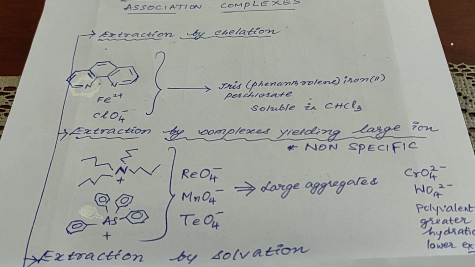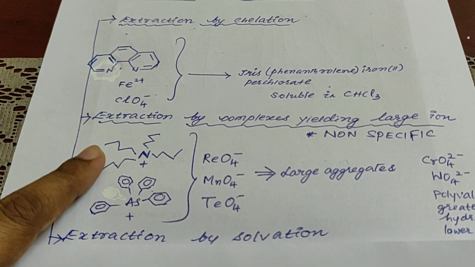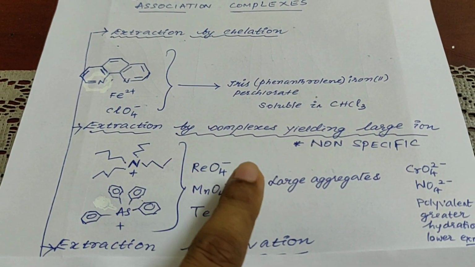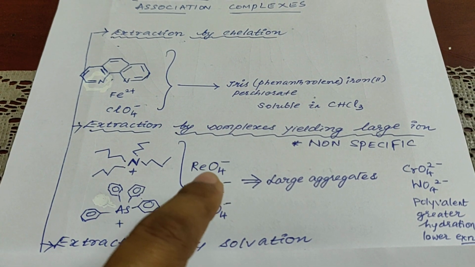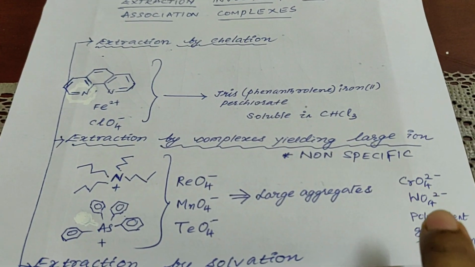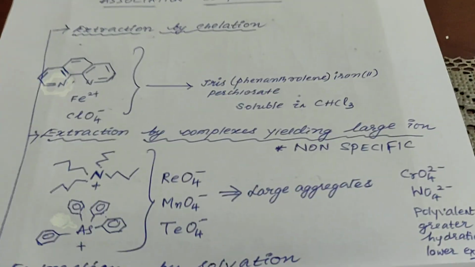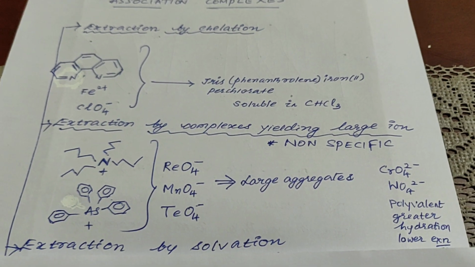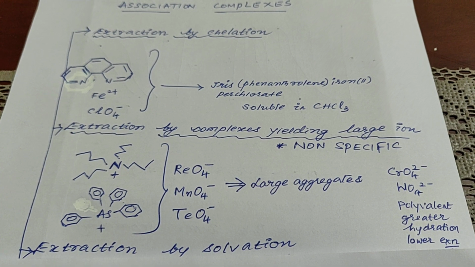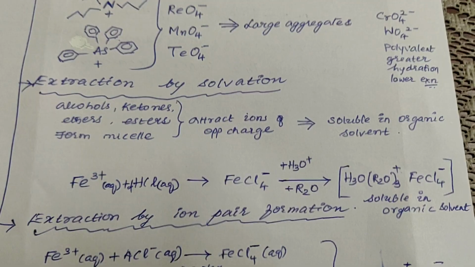It is very important to note that these two salts break the hydration around the molecule and trap it, forming large aggregates. But in these two cases, it is not easy to remove the water of hydration, and hence the extraction process slows down. So this is about extraction by complexes yielding large ions.